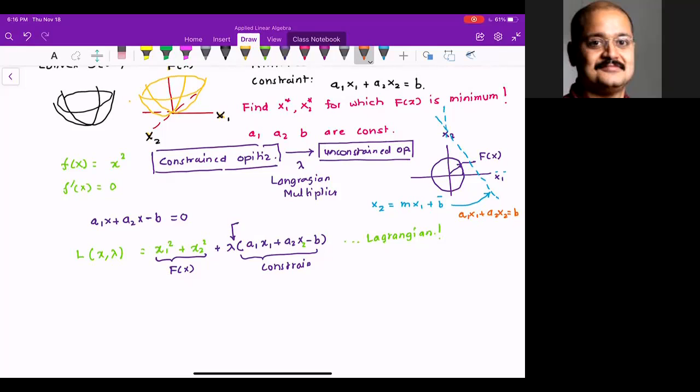It would be tangent. Do you agree with me? So if you start increasing the circle, you will realize that at one point it is going to hit the tangent.